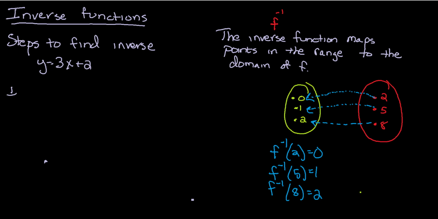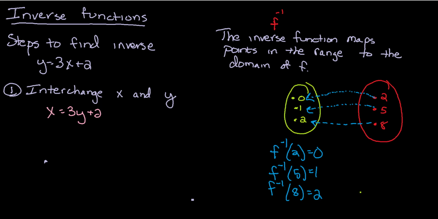Step 1, you interchange x and y. So instead of y equals 3x plus 2, I'm going to have x equals 3y plus 2. Next, you solve for y.